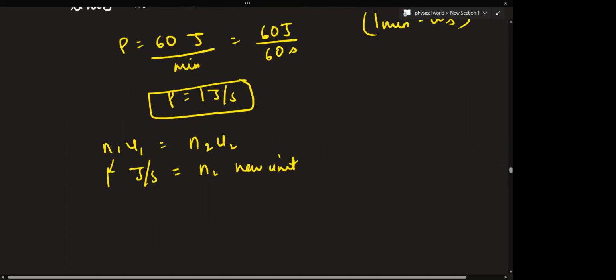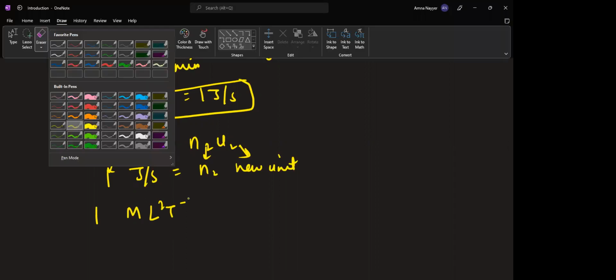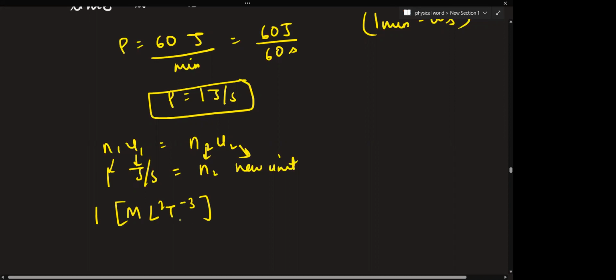This is how we write new units and old units. This is 1 multiplied by energy, which is ML square T to the power minus 2. Now this is power, energy per unit time. So this will be T to the power minus 3. It is energy per unit time. Energy is this. So for time, one more time will get added, is equal to N2, and this is ML square T to the power minus 3.